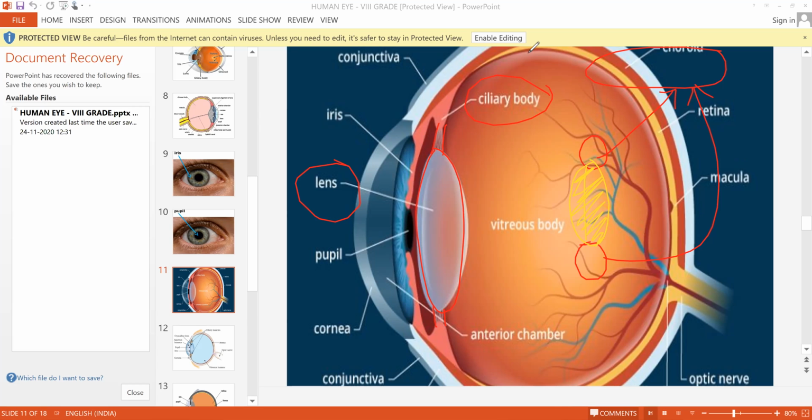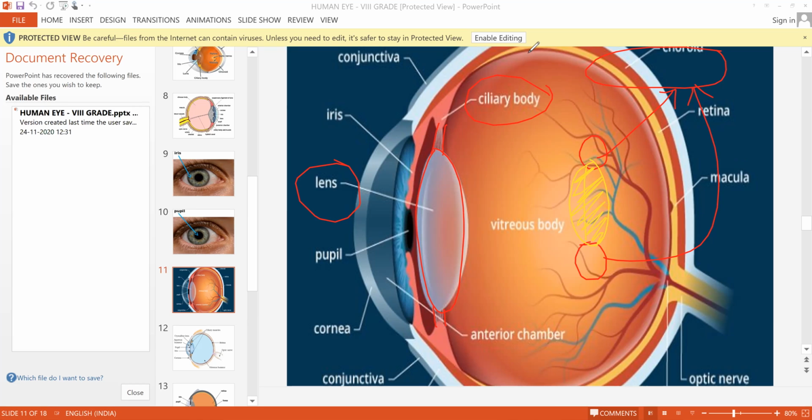This ciliary body is made up of ciliary muscles. These ciliary muscles enable the lens to change its shape during accommodation. During accommodation means during moving nearer to the object or moving away from the object based on the requirement of our sight. This is about the ciliary body.